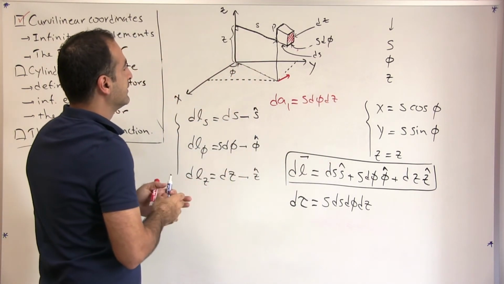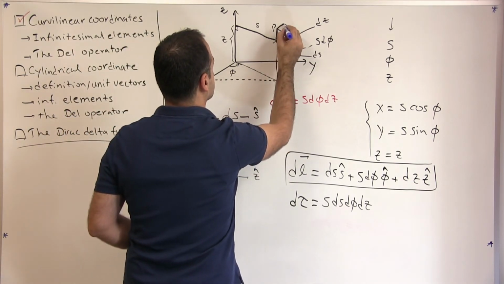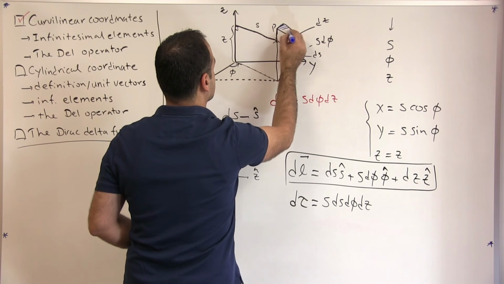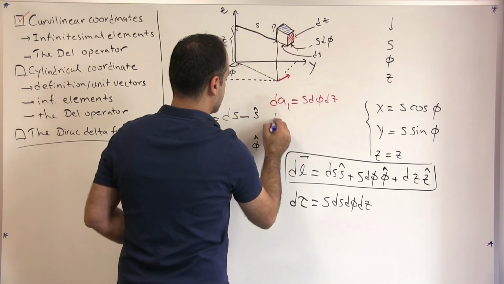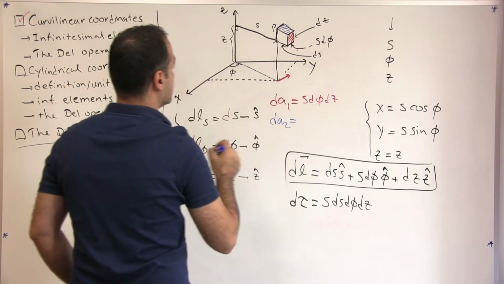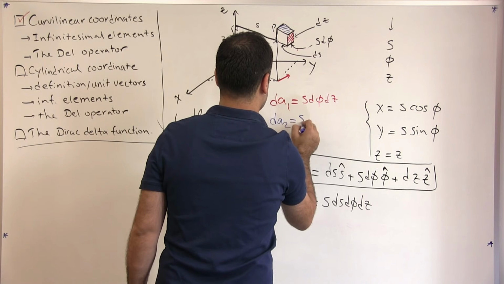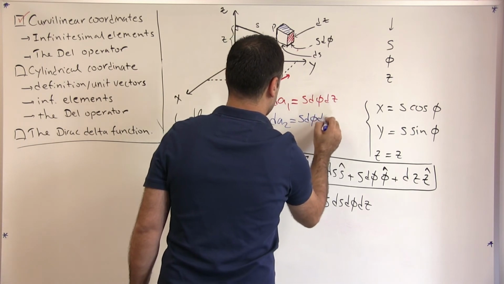And then another side is going to be this side, the blue shade, and dA2 is going to be s d phi times ds.